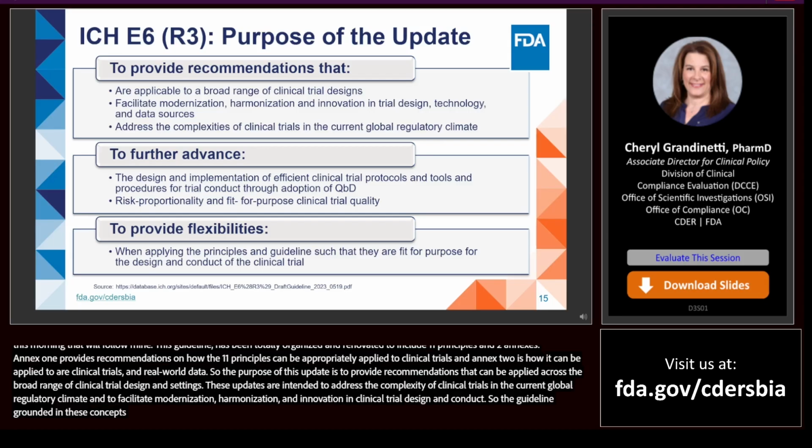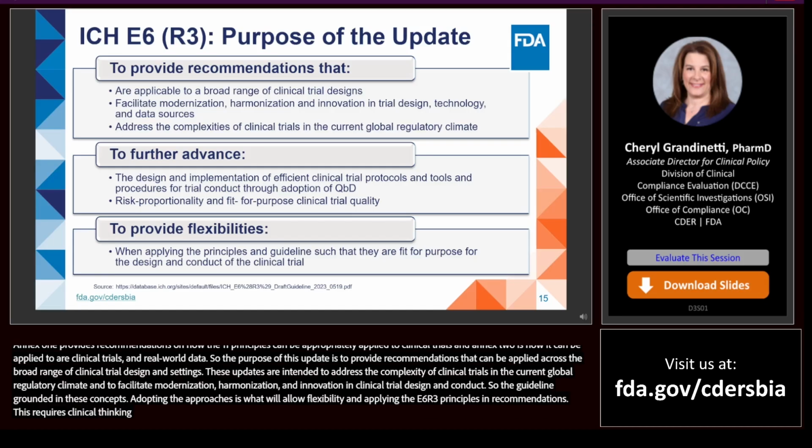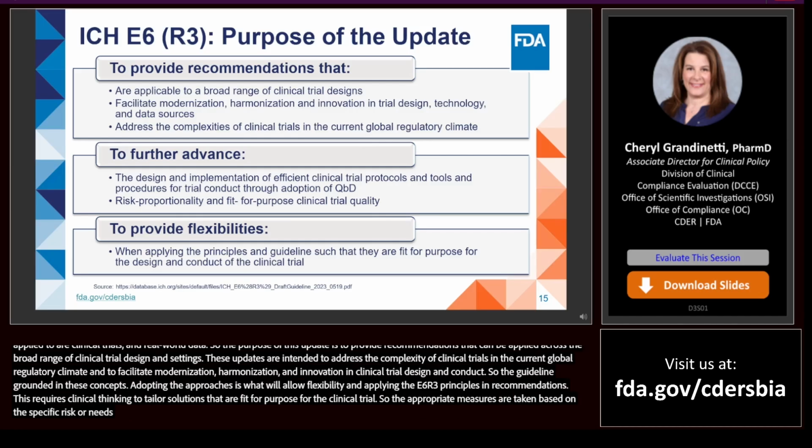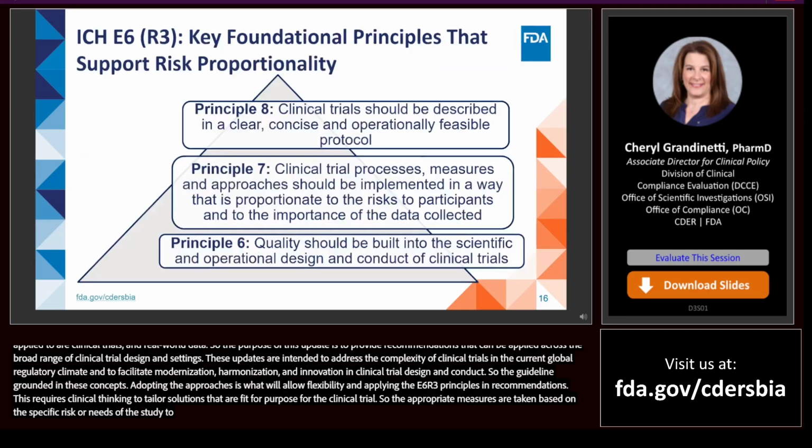Adopting these approaches, so quality by design and risk proportionality, is what allows flexibility in applying the E6R3 principles and recommendations. And this requires critical thinking to tailor solutions such that they are fit for purpose for your clinical trial. So the appropriate measures are taken based on the specific risks and needs of the study to ensure the overall study results and participant safety.